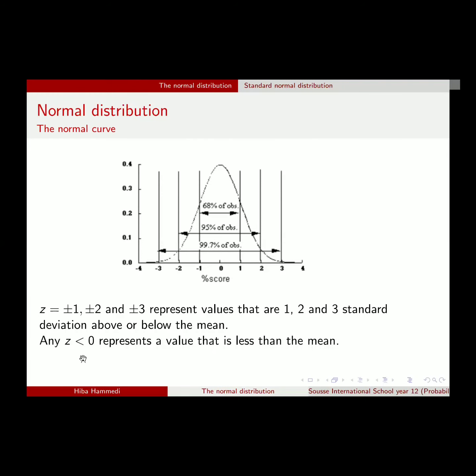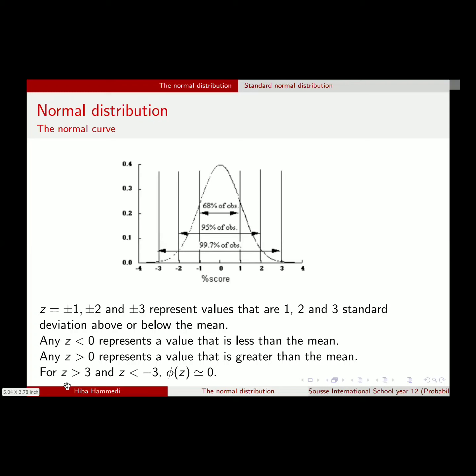Another thing, any value that is less than 0 is less than the mean, since the mean is equal to 0. Any value that is more than 0 is greater than the mean. And a very important remark here: for z more than 3 and z less than -3, the probability, or phi(z), is very close to 0.